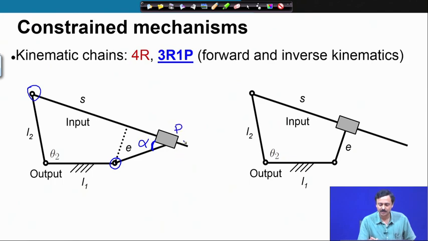This is the line of motion of the prismatic pair. This hinge belongs to the prismatic pair, this hinge also belongs to a link which is connected to the prismatic pair. So, the distance perpendicular to the direction of motion of the prismatic pair between these two hinges is the offset.